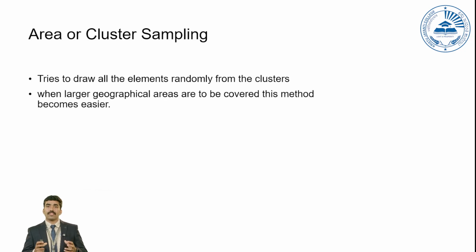Now, inside the cluster, it's not homogeneous. So the major difference between cluster sampling and stratified random sampling is that in stratified random sampling, within the groups is homogeneous, and in cluster sampling, between the groups is homogeneous.